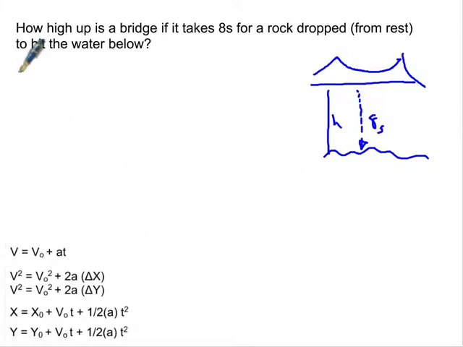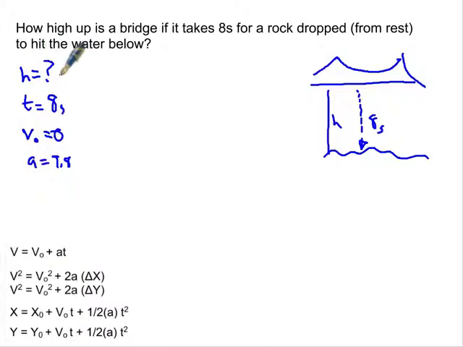So we want to know, what is our height? If time to fall is 8 seconds, dropped from rest, the initial velocity is 0, falling acceleration is 9.8, and that's what we need to figure out.